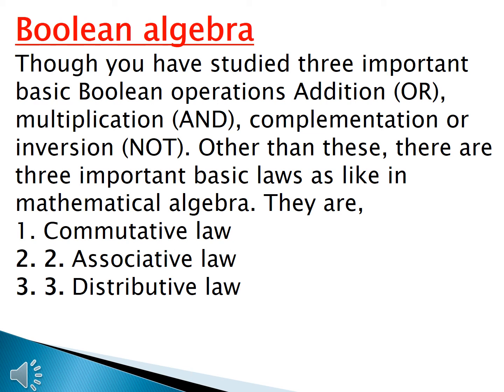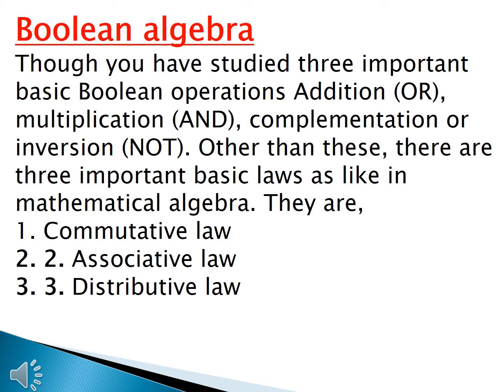Did you understand? Commutative law of addition of two variables: A plus B equals B plus A. Commutative law of multiplication for two variables: A into B equals B into A.